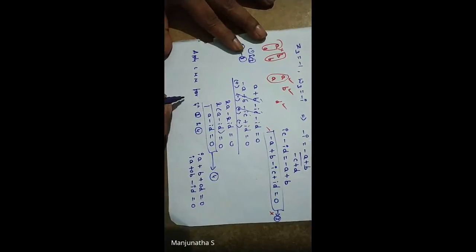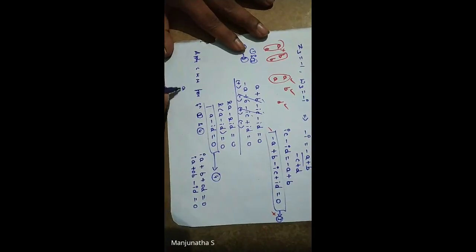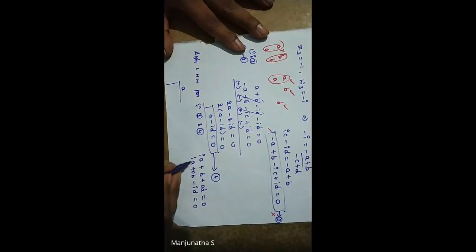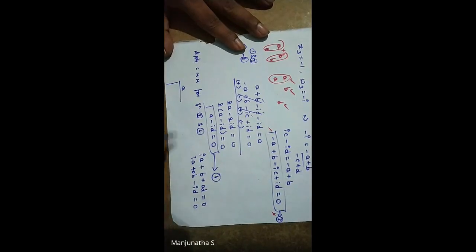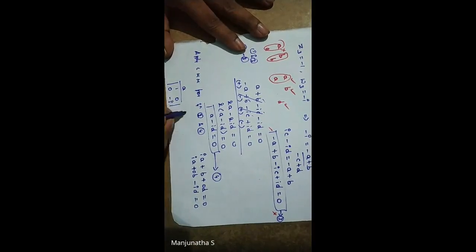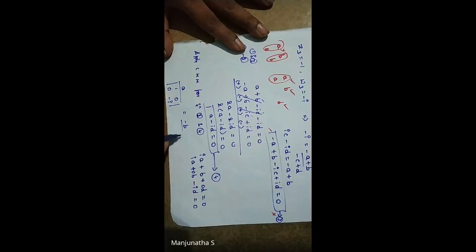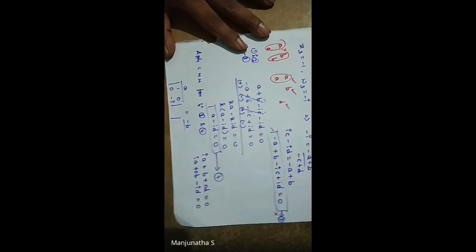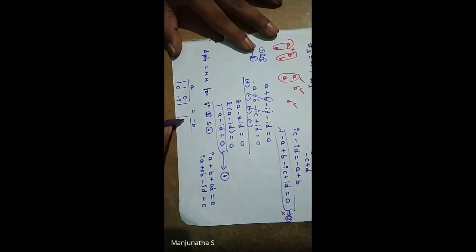So when I apply the cross multiplication method, what will we get? A divided by, so we need to leave this A. Correct. So B is 1, 0. D is 0 minus i is equal to, next is B. So we need to write a negative sign. You know very well. So what will we get? i and i.